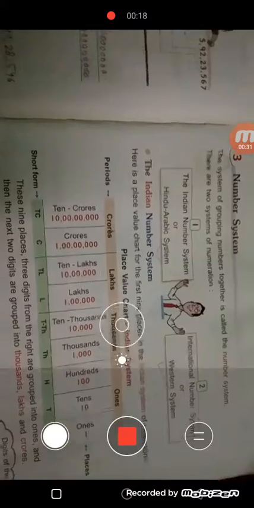Today we are going to study place value in the Indian system. Up to yesterday we have done this question, write in figures. But today we are going to start writing the place value of each digit using the Indian place value system. In your previous class I showed you the Indian number system.